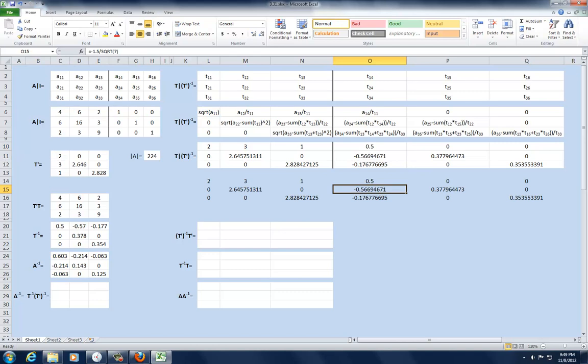As you can see here, we have 0.5 below it. If you're looking in the function box here, this is negative 1.5 over the square root of 7. We do have 1 over square root of 7, 0, and then on the third row, negative 0.5 over square root of 8, 0, and 1 over square root of 8.